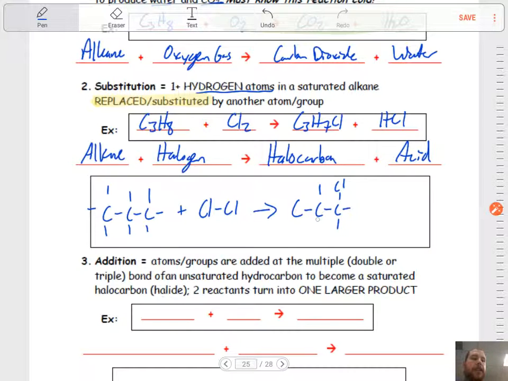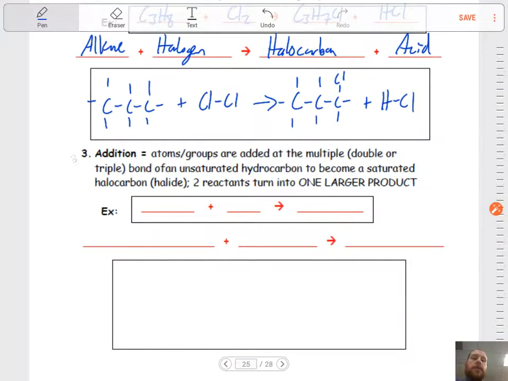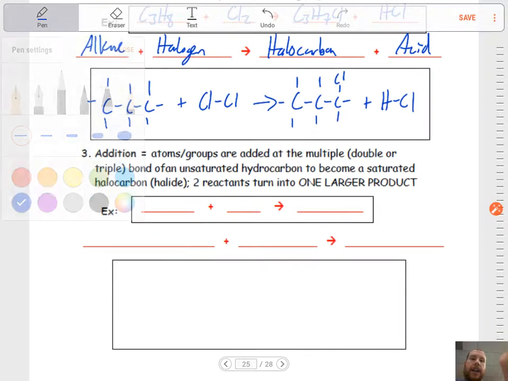Cl up there, and then hydrogens all around, plus that H bonded to Cl. Okay, so that's a substitution. Again, it's a saturated alkane, so it's going to be an alkane that you have, not an alkene or an alkyne, because reaction number 3 is what we call an addition reaction.